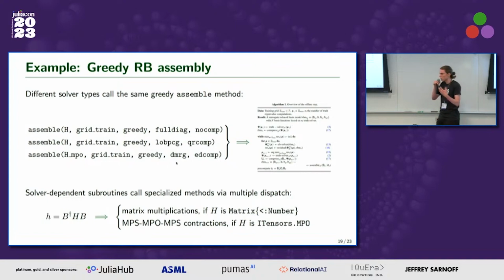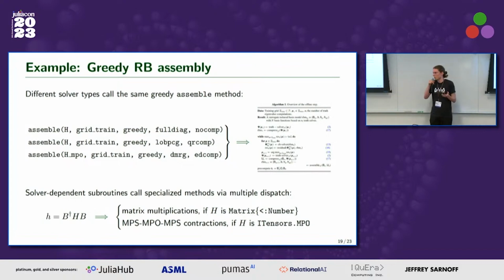The solving method can be an iterative solver or DMRG or whatever. And it all calls the same generic method, which is pretty close to the pseudocode you write down in a numerical math paper. However, when you go further down the line, there are solver-dependent subroutines, and these then call specialized methods via multiple dispatch.